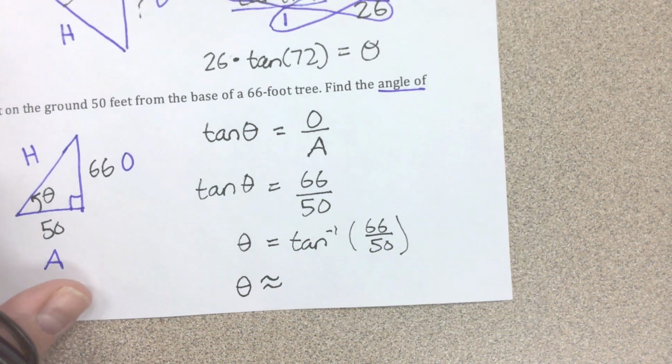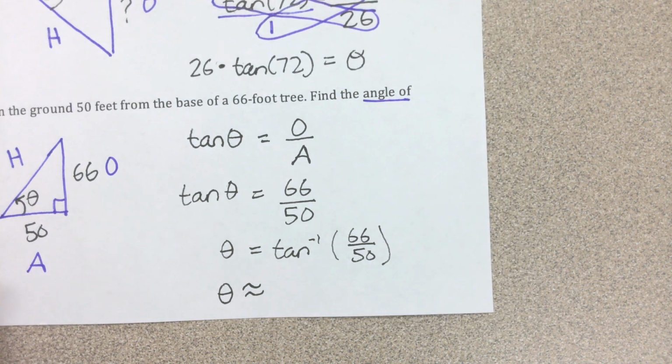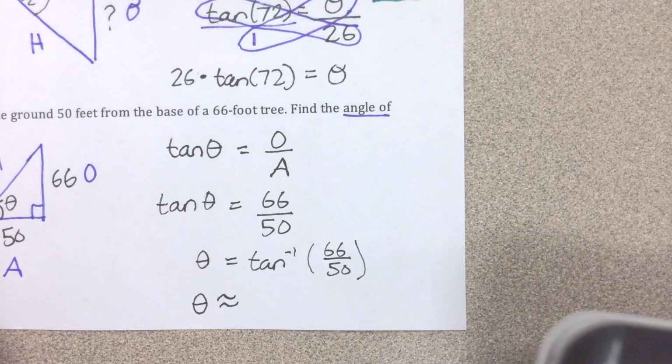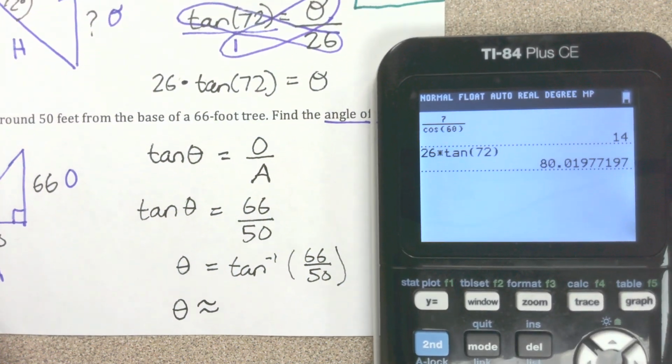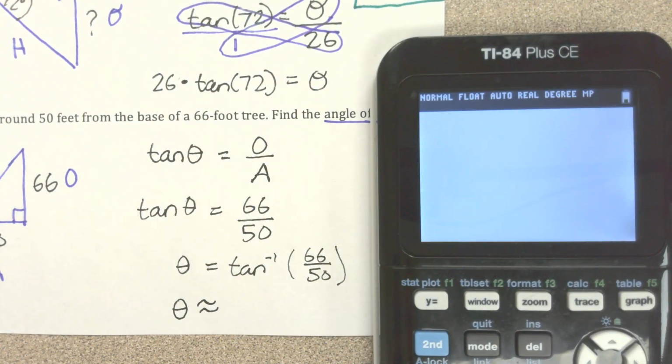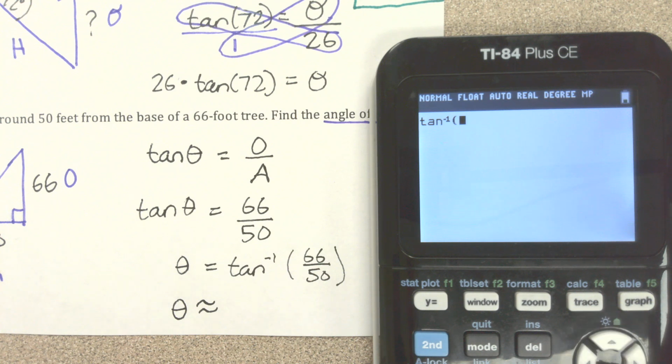So we're only going to use degrees, no degrees, minutes, seconds. That's for circles. So just type that in and we'll round to the whole number. Inverse tangent of 66 over 50. Again, make sure you're doing this in degrees in your calculator, not in radians. 52.8, so we'll call that 53 degrees.